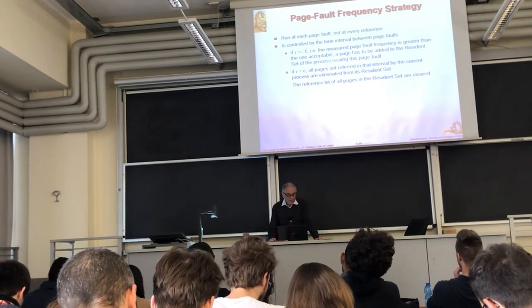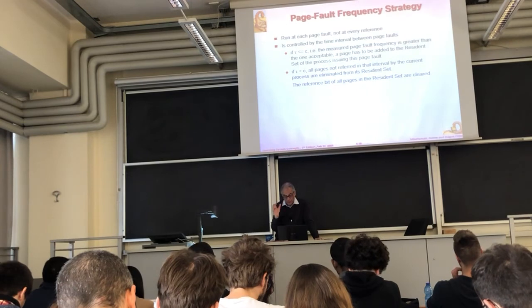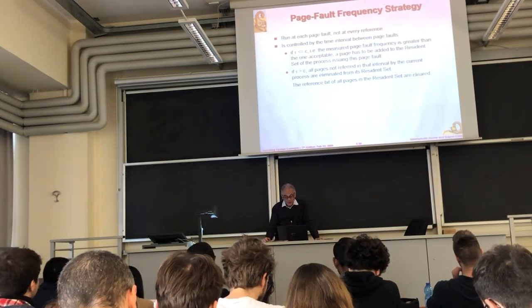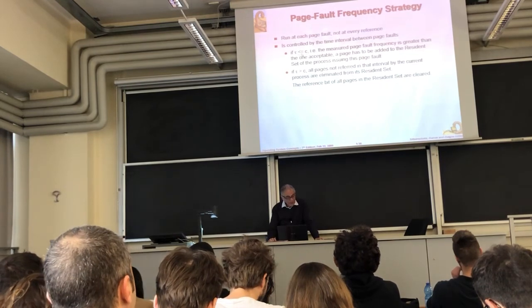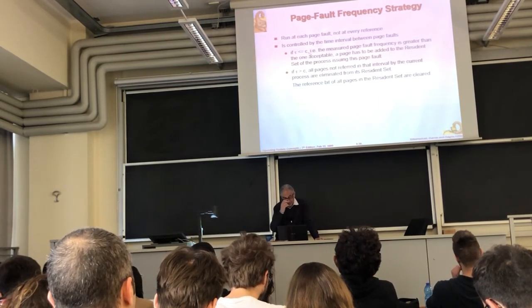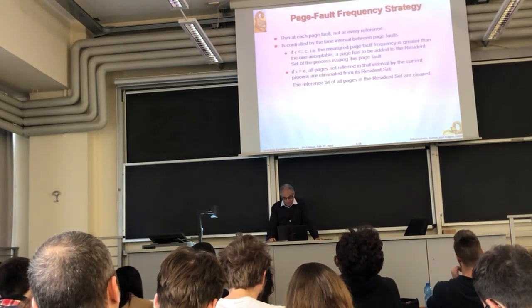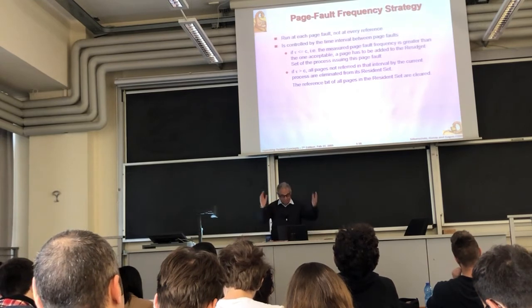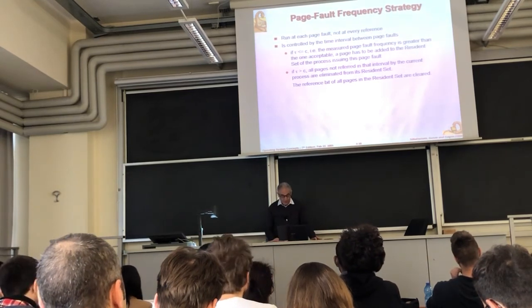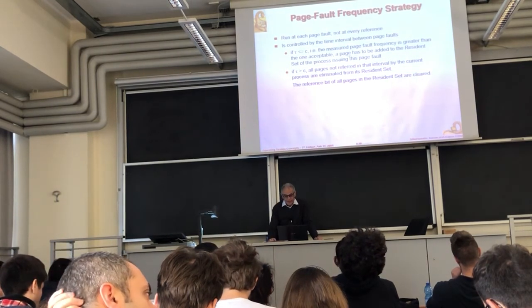So we have C, that is the time between the last two page faults. So if the time is greater than a threshold, it means that we have few page faults.